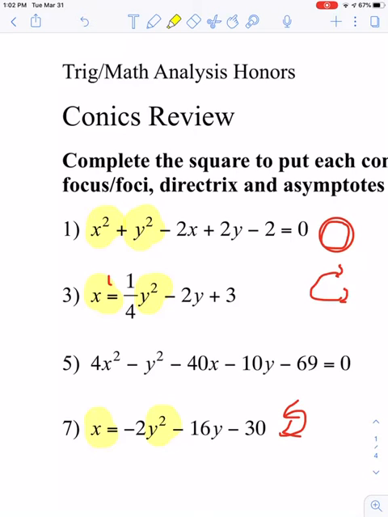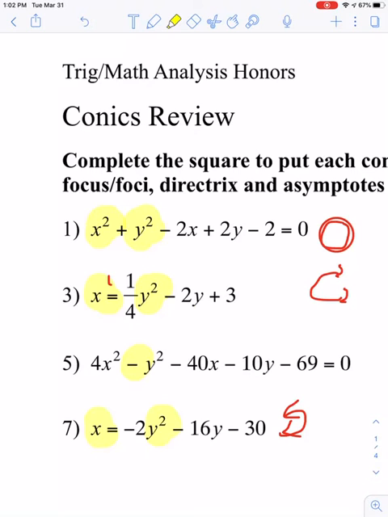Okay. Lastly, we have number 5, so we're going to get an example of just about all of them. Number 5 has subtraction, which automatically overrules everything. This must be a hyperbola. It's hard to know straight out if this opens up, down, or right, left. You need to complete the square to figure out that information.